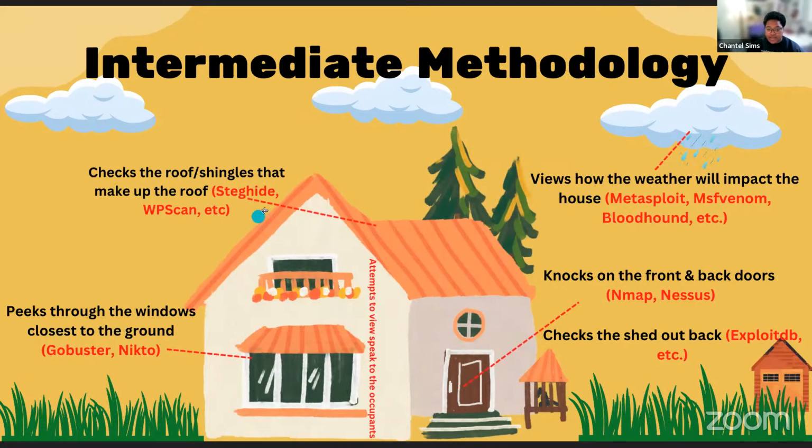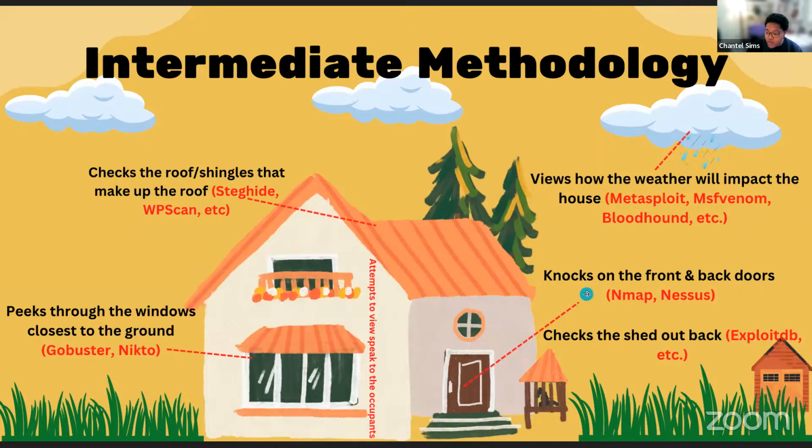Awesome. Okay. So I'll just recap what I was talking about here with the intermediate methodology. Like I was saying before, you're really building upon the skills you've already learned, right? So that's why you don't see this gone like it was on the beginner's methodology page. So now you're checking the roof. You're looking at the shingles on the roof. You're starting to get a little bit more detailed.